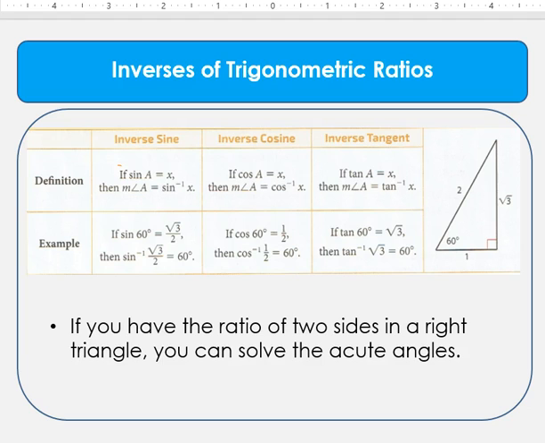So, if you have sine A equals x, then the measure of angle A actually equals sine -1 of x. What this is essentially doing is moving the sine A over to the other side of the equation.